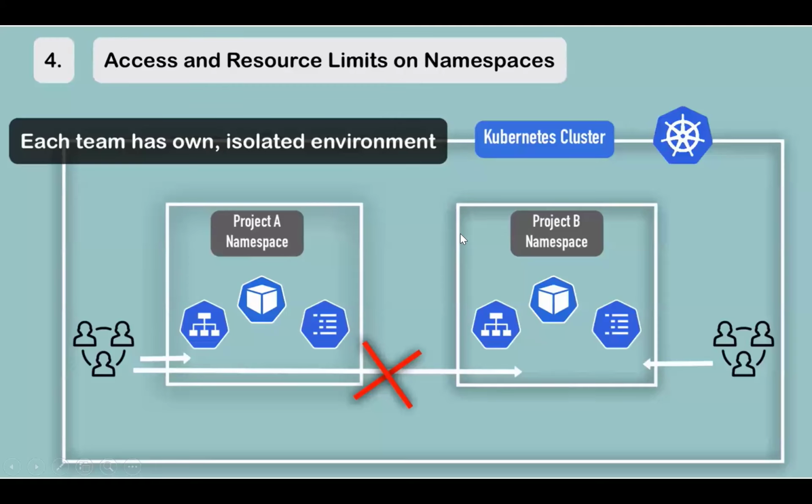So you have the right to deny any permission coming from the other namespace if you have an isolated namespace. If you don't, it will create a problem because both of your components will be in a single namespace, so anyone can come and access your application component. Got it?